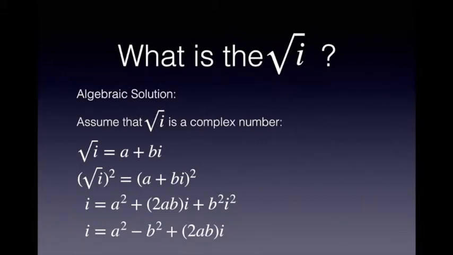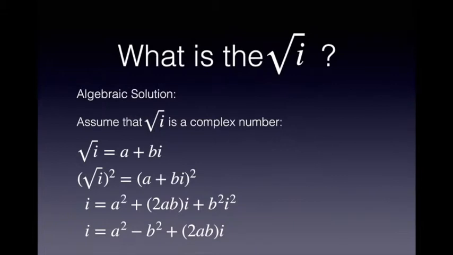And we're going to begin, well, let's think. Where do we start? Well, one good thing to do is get rid of that square root on the left, so we'll do that by squaring both sides. If we square the left, we get the square root of i, squared. Well, that's just i. And on the right, that's just squaring a binomial. So you're going to get a squared plus 2abi plus bi times bi, which is just b squared i squared.